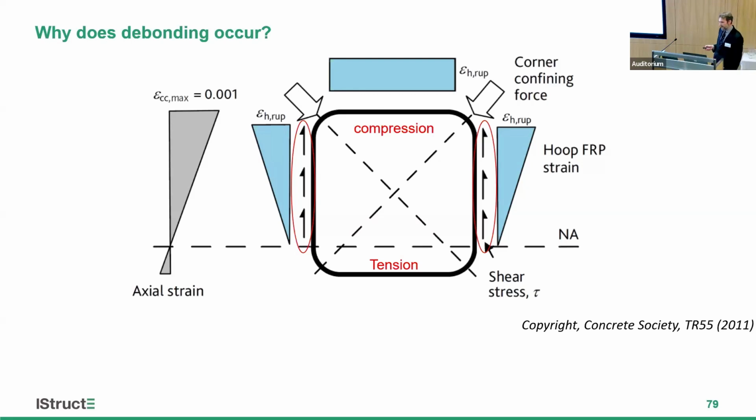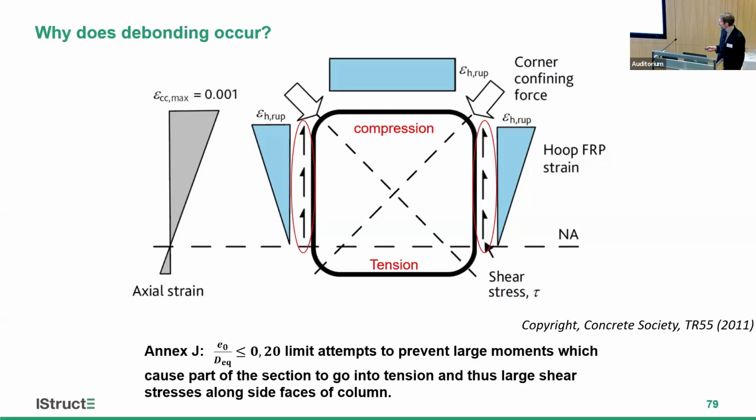And that's what results in that loss of stiffness of the FRP, because we rely on bonds to achieve that stiffness. So Annex J sort of has a limit on the amount of eccentricity that you can strengthen a column with to prevent that sort of thing from happening and us getting very little increase in capacity.